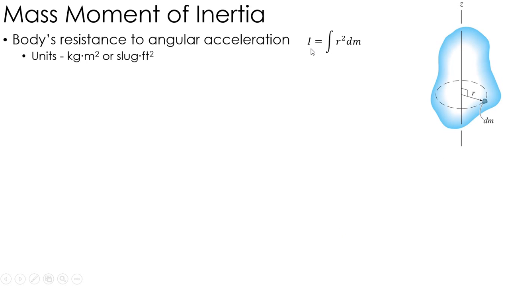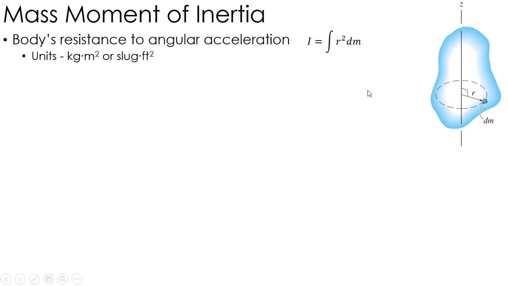Okay, so by definition, the mass moment of inertia about an axis is just the integral of r squared dm. The further the mass is distributed out from the axis, and the larger the mass is, the more the moment of inertia is, the harder it's going to be for angular acceleration to occur.